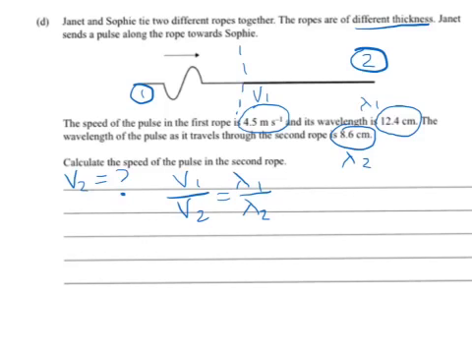So we can just simply plug our numbers into this equation and rearrange for v2. In fact, we might rearrange for v2 to start with. So v2 is going to equal v1 lambda 2 over lambda 1. So I've just cross multiplied by lambda 2 and cross divided by lambda 1 and then cross multiplied by v2.